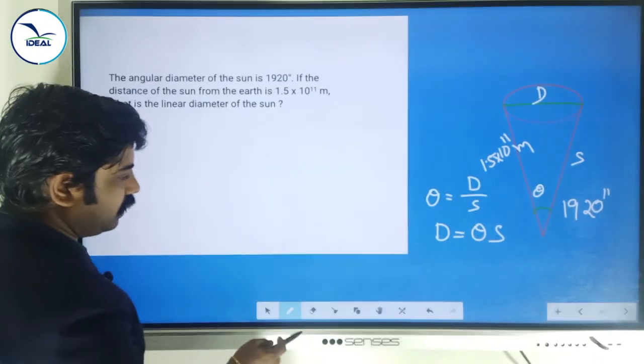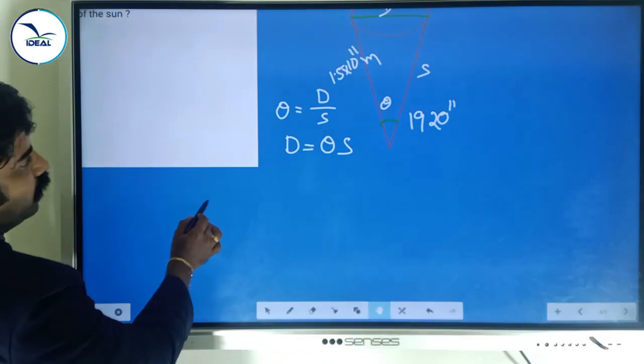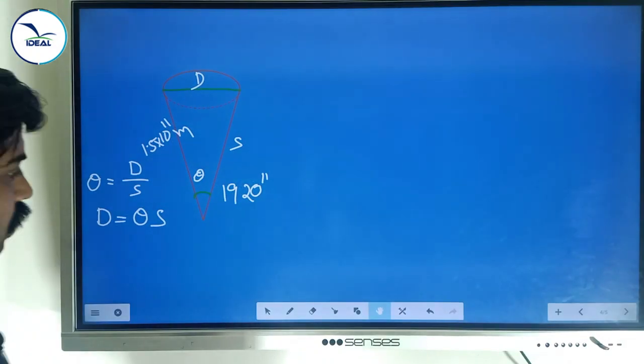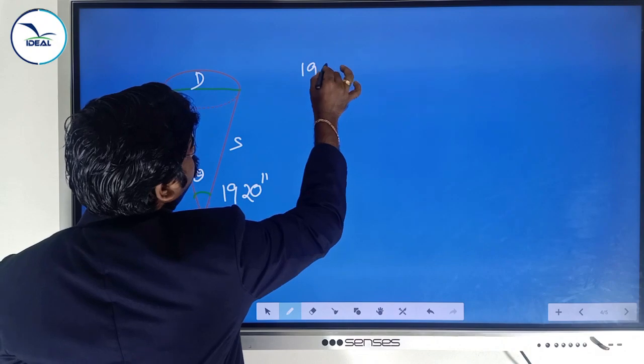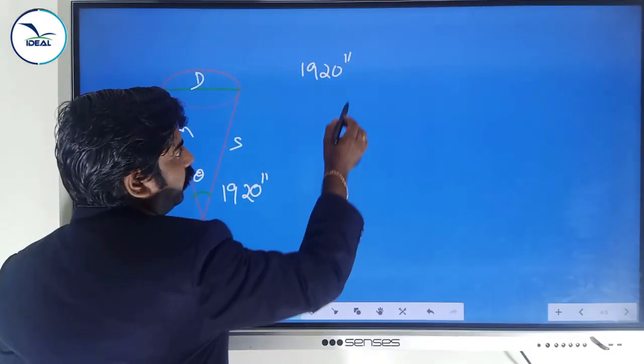Here also the conversion is needed. First we want to convert this theta, 1920 seconds, into radian.